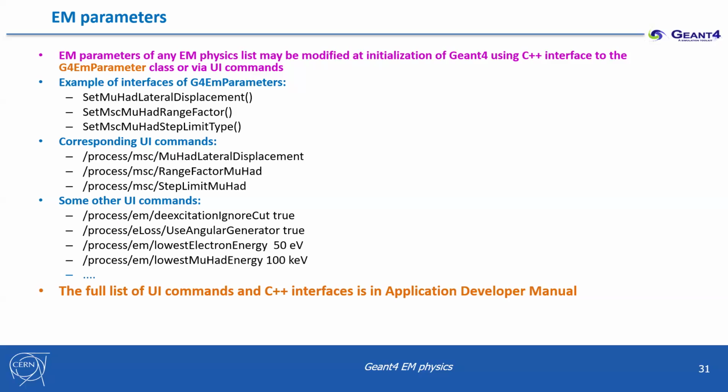This manual may be written in a condensed manner, but it has all the commands which you may use. And there is some minimal explanation of what you may achieve with different UI commands. You may have interest to look into this manual.